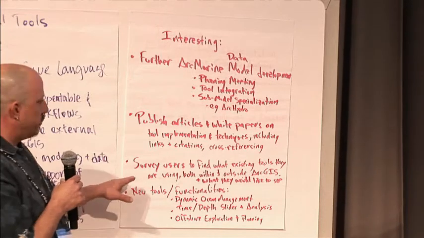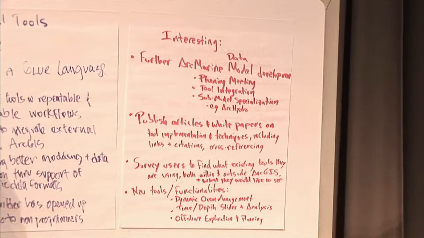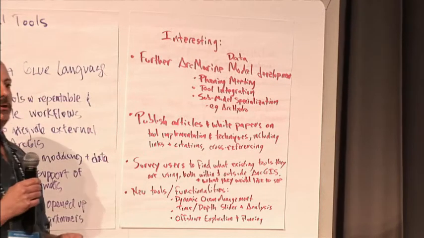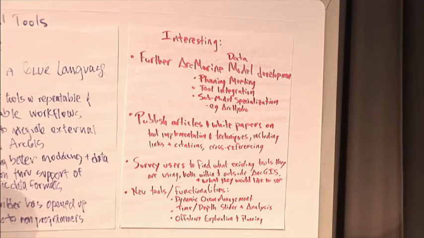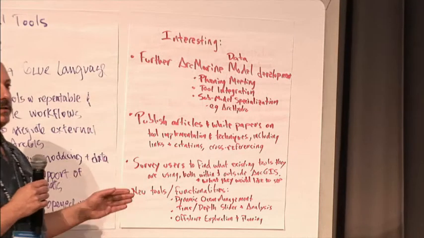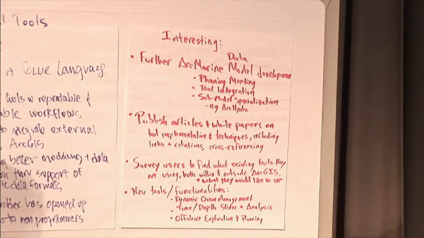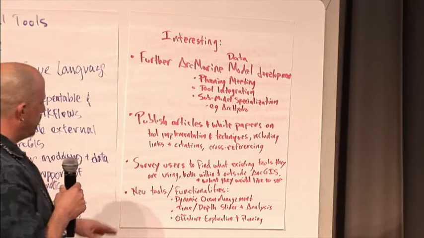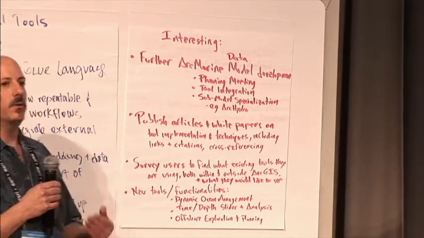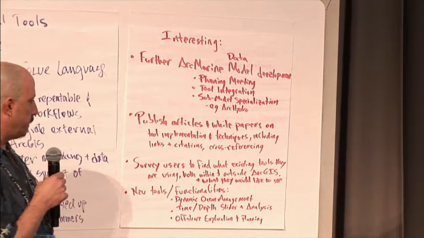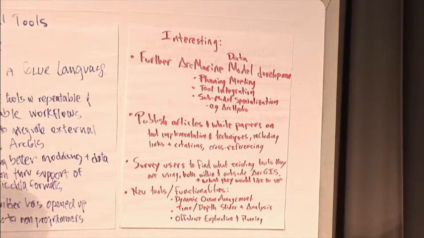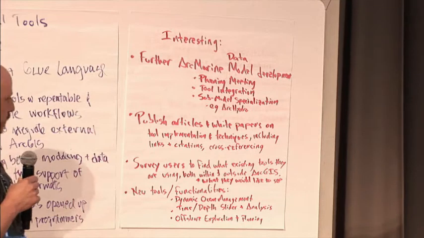We think it might be useful, maybe on the Resource Center, to survey users about the tools that they're using, both within ArcGIS and third-party and external tools, and also what they would like to see. So some sort of forum or survey mechanism to collect those kinds of information from the user community would be quite useful.